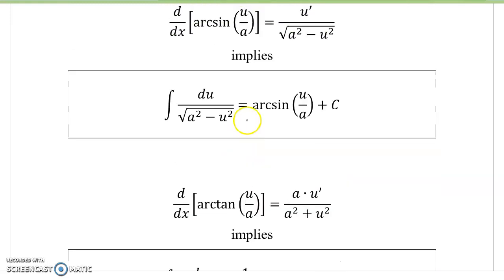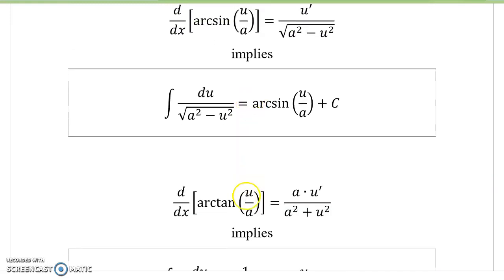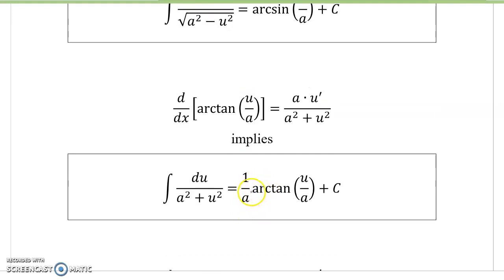Notice that the 1 over a doesn't show up in the arcsine, but it does show up in the arctan when we're integrating. These are things you're going to want to memorize, but if you want to know why it shows up, you're going to have to go through the process of taking the derivative and seeing that this particular derivative reduces to this. And that extra a, again, is a constant that can be divided out.